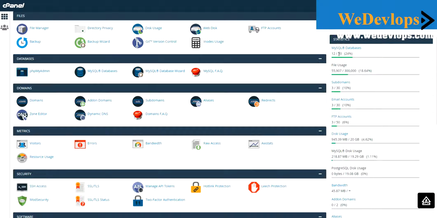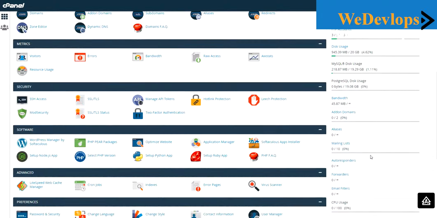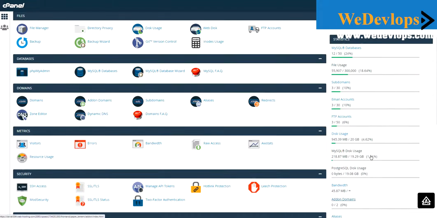So we still have room here to use the SQL and also the rest. You can find also the space here. The total we got is 20 gig, but we only use 945 and so on. So it's quite straightforward to look at the usage here.